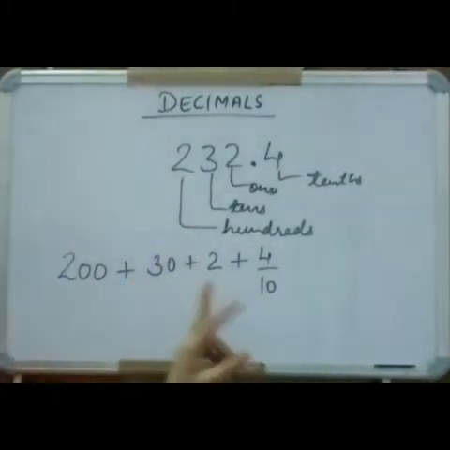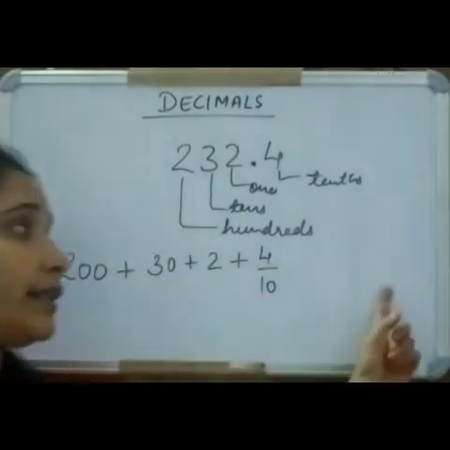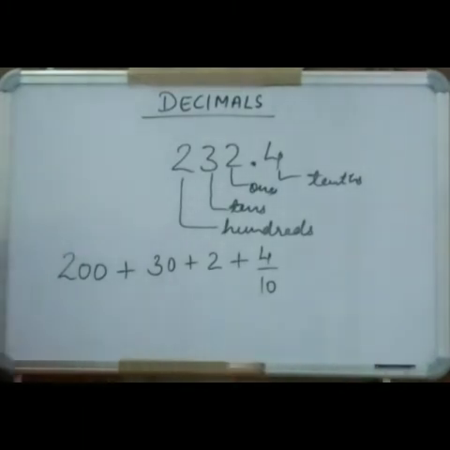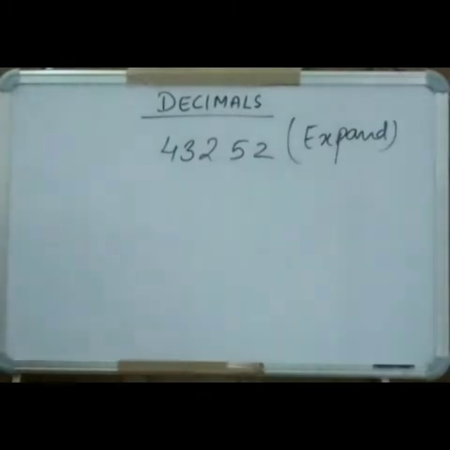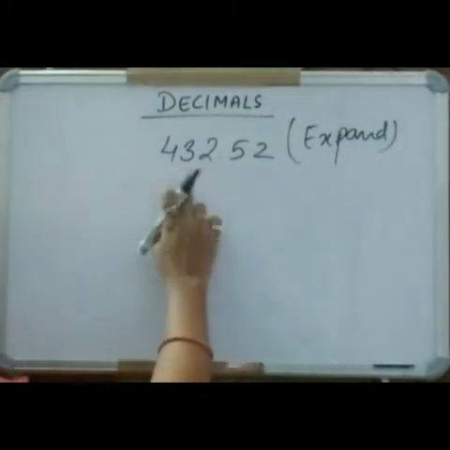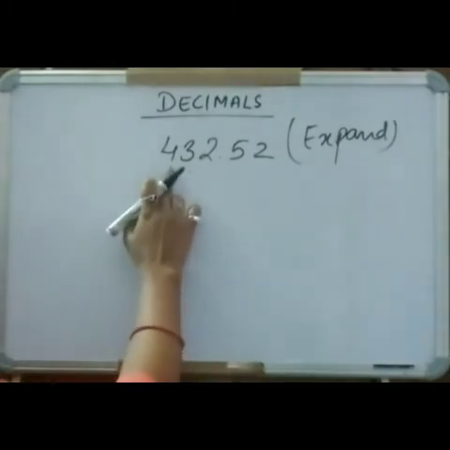We write the expanded form like this. After the decimal, we write it upon 10, upon 100, upon 1000 and so on. Now we have to expand this number. Again, see ones, tens, hundreds.